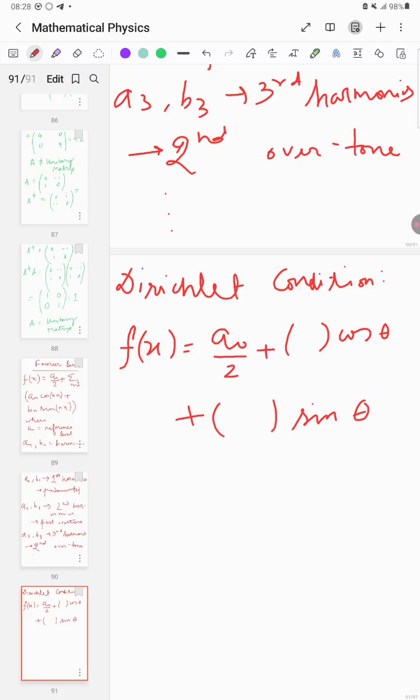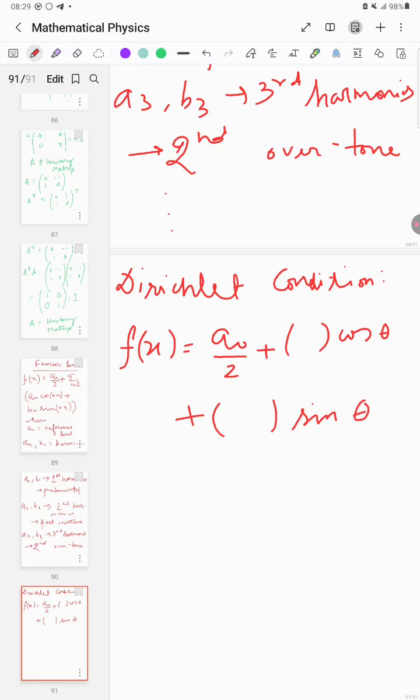What I mean to say is cos theta and sin theta give a particular value at a particular point, right? There are no two points on a cos theta curve or a sin theta curve which give two values for a single point. Alright, so this is called single valued.